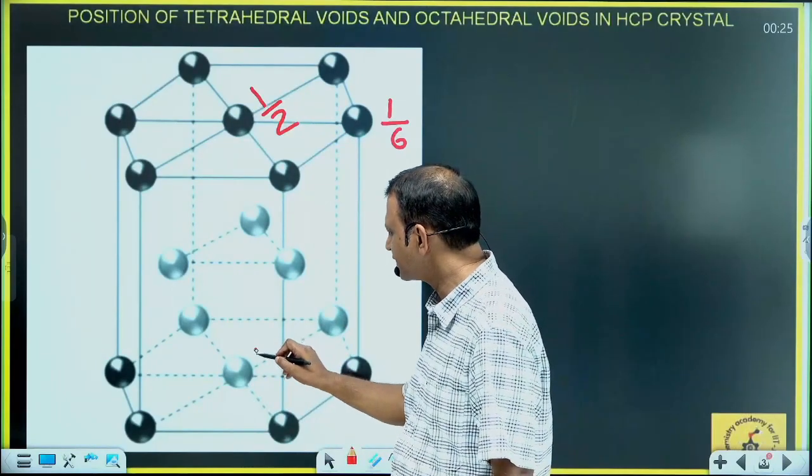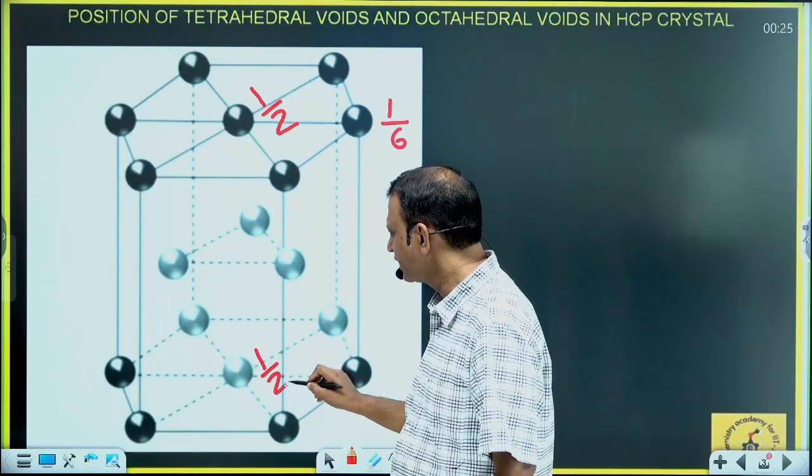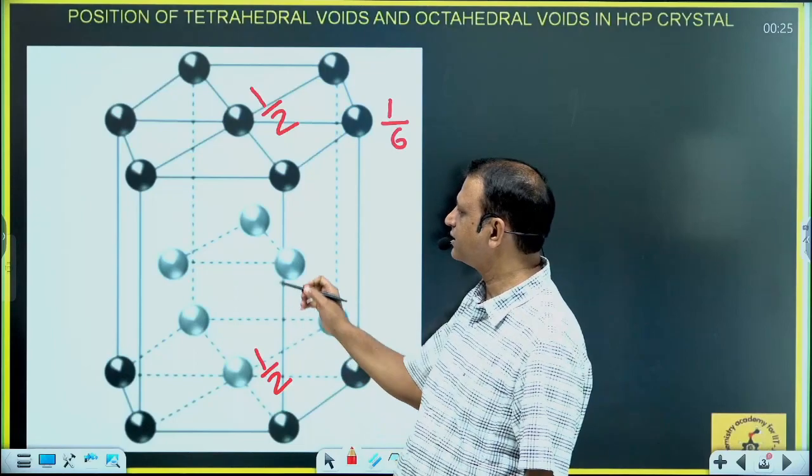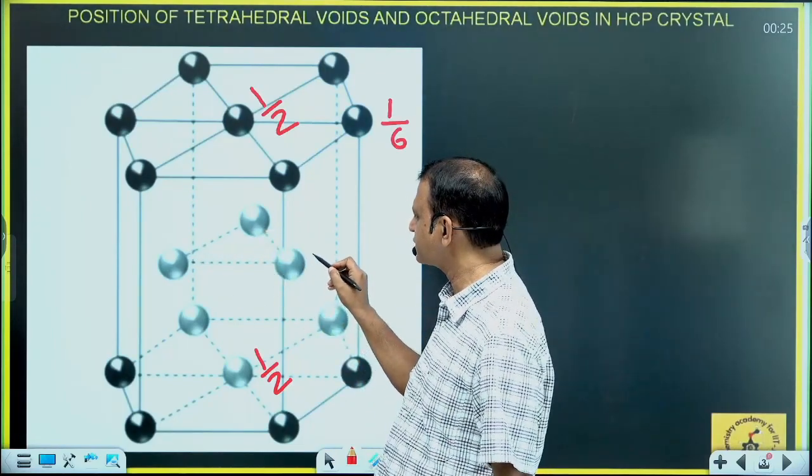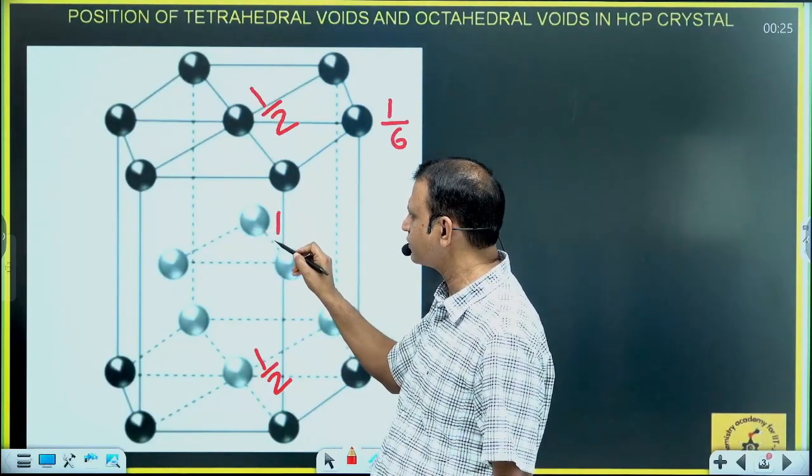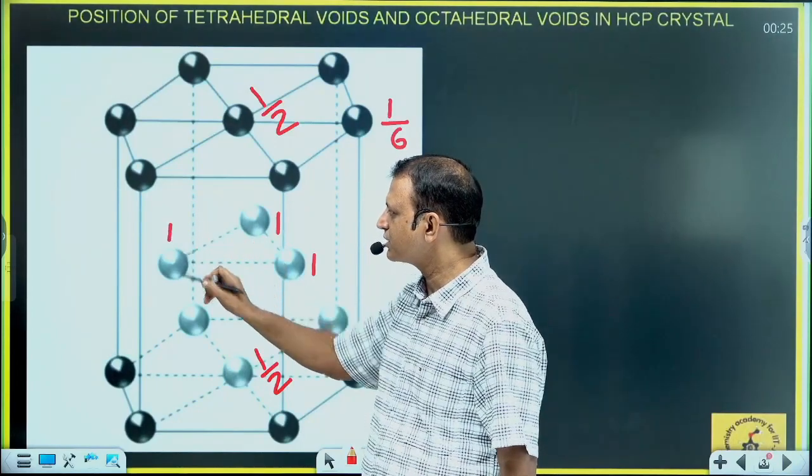Right here also it has a contribution of half. And the atoms present at the center of this hexagonal prism, their center is inside the hexagonal prism, so its contribution is 1.